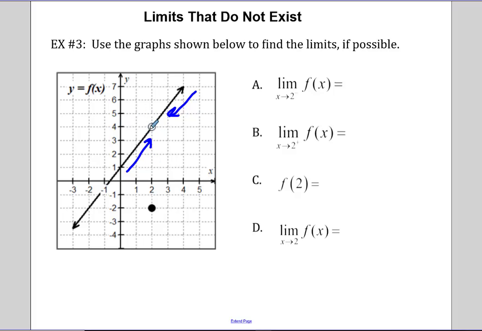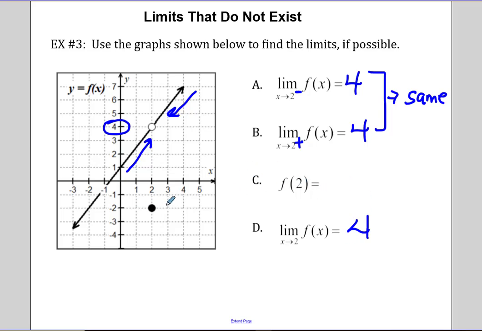As we approach 2 from the left, the y value heads to 4. And as we approach 2 from the right, the y value heads to 4. And these are the same. So when the left limit and the right limit are the same, the general limit will exist.